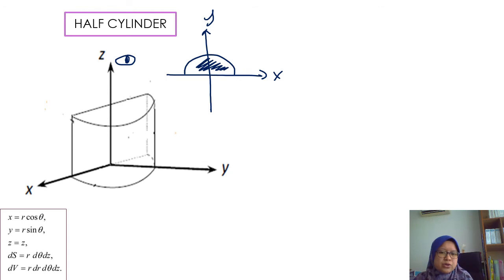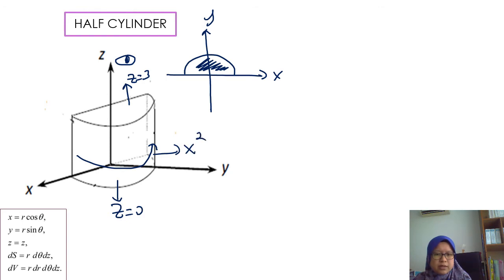All right. So you will have 1, 2, 3, 4 surfaces altogether. Let's say here is z equal to 0, the bottom, and the top is z equal to 3. For example, you have this one, the wall of the cylinder, which will be given by the equation x squared plus y squared equal to 16, for example.